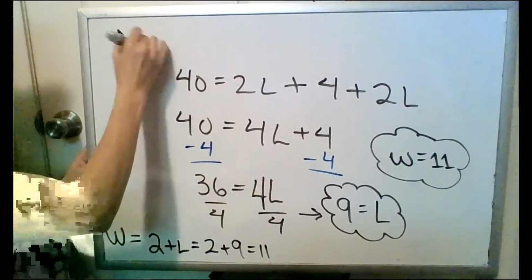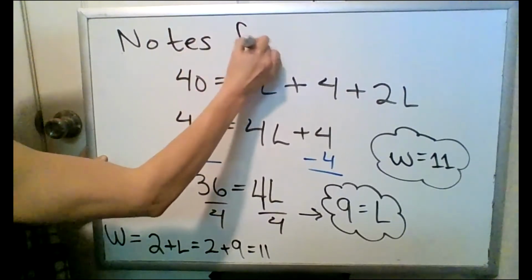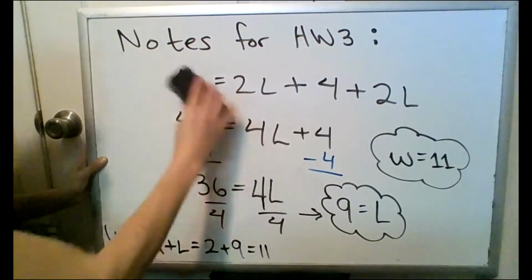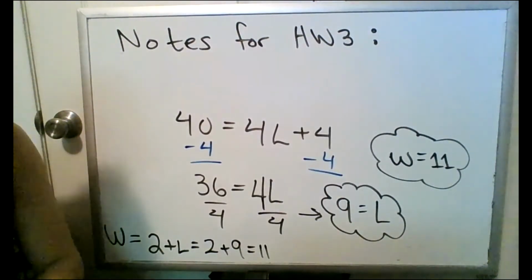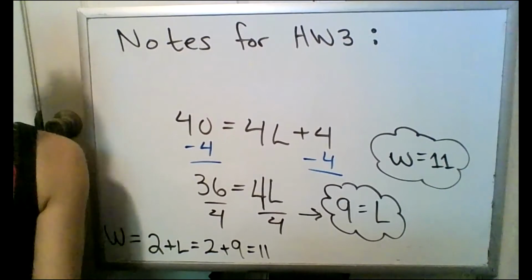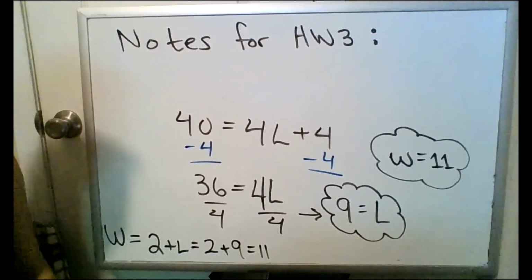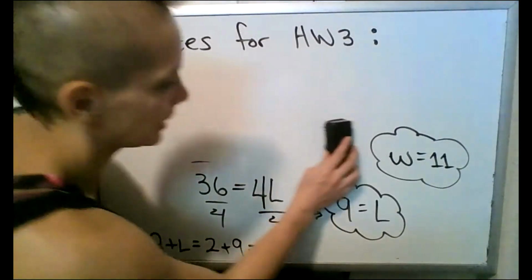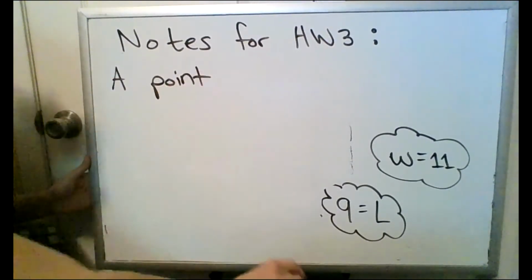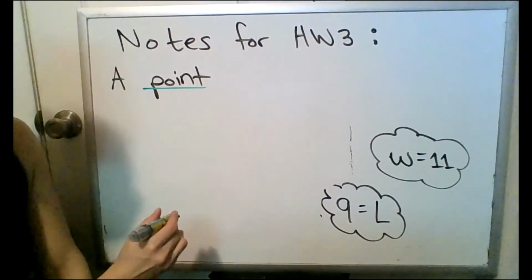And we want to start notes for homework 3. So this is about graphing points and graphing lines. Points are ordered pairs.